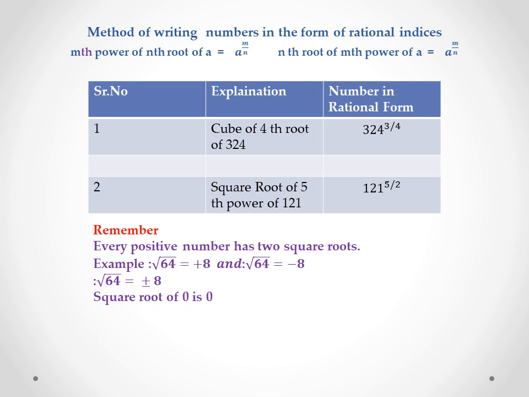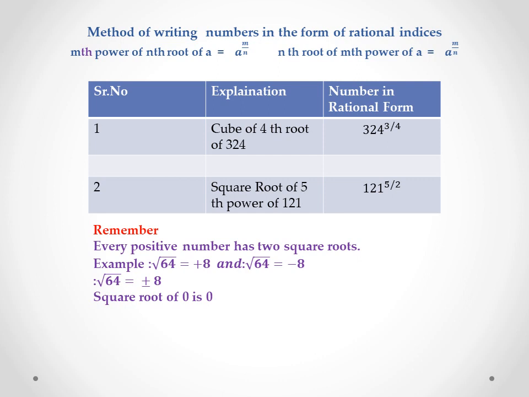Now what do we want to remember from all this part? Here some things you want to remember. Already in 7th standard you studied that every positive number has two square roots. Means when you are considering any positive number, it has two square roots. One example I have written there, square root of 64. 64 is a perfect square or not? Yes. Whose? 8. Then how to write? I told here two square roots. Square root of 64 equal to plus 8 and square root of 64 equal to minus 8.